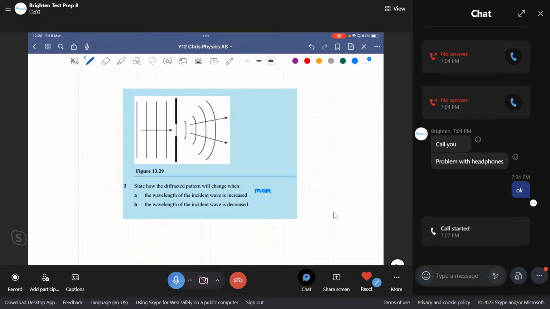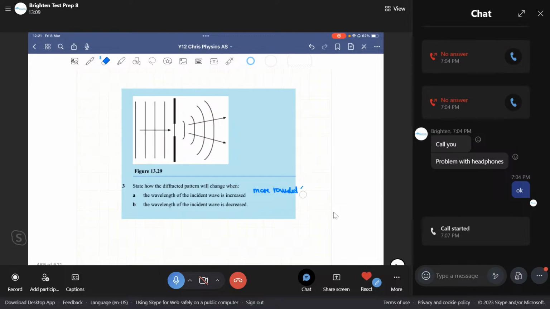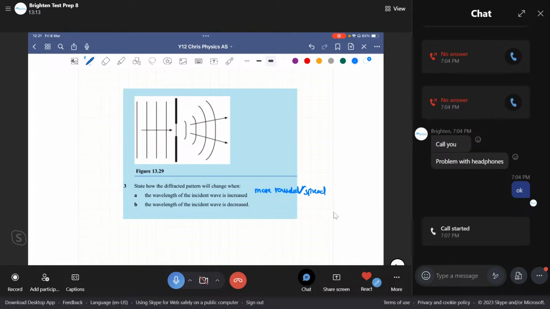So more rounded, spread out. And then obviously the other one is just the opposite. That we reduce the wavelength, then of course, how could you in practical terms explain that to somebody without going too much into details and formulas, just kind of a practical point?